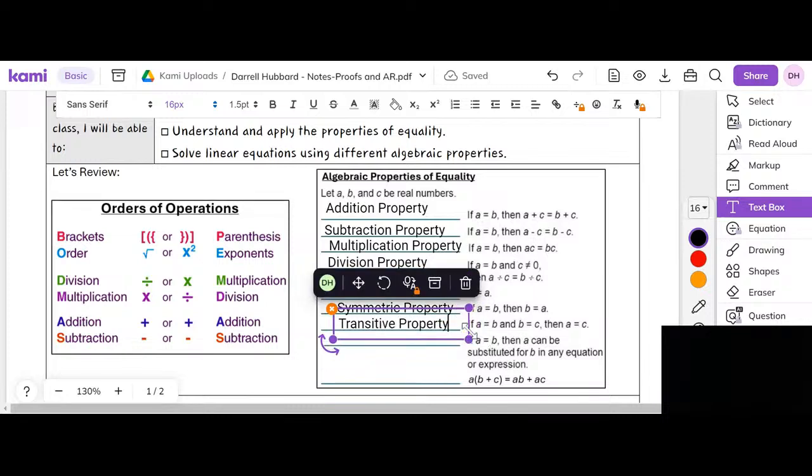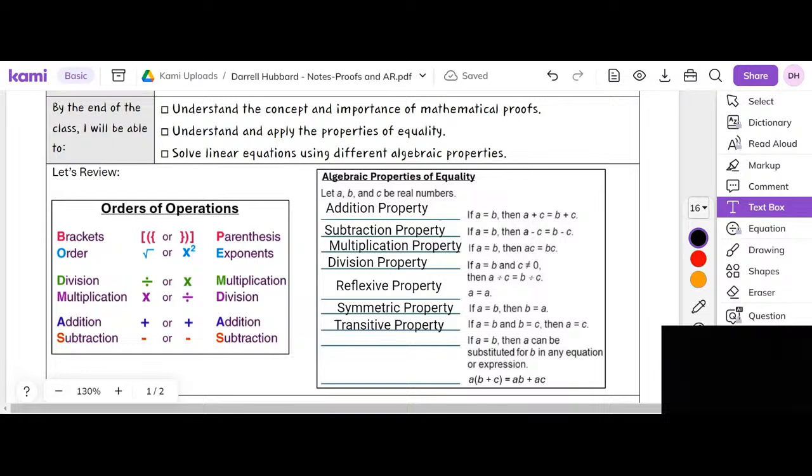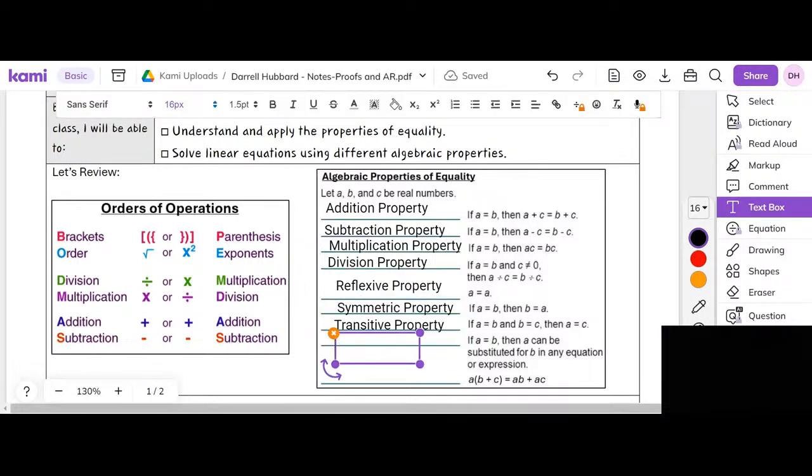And so these properties here become extremely important as we move further in our geometry journey, but some things that you should be familiar with. And then next we have, if A is equal to B, then A can be substituted for B in any equation or expression. So this one kind of gives you what it is.